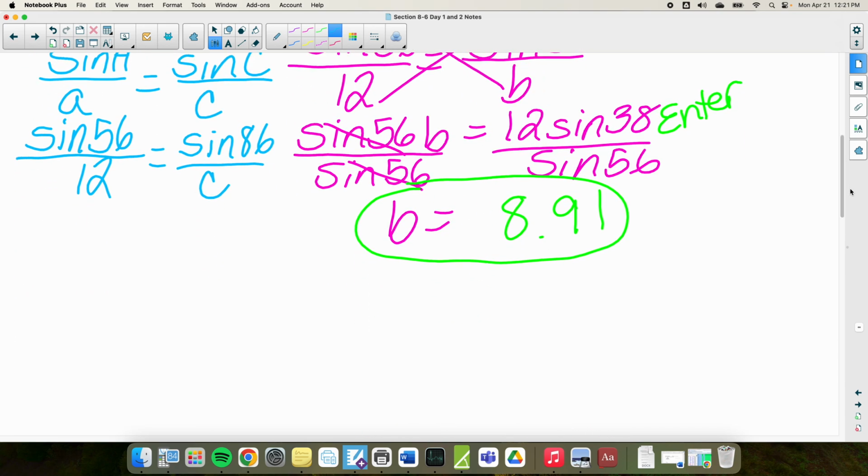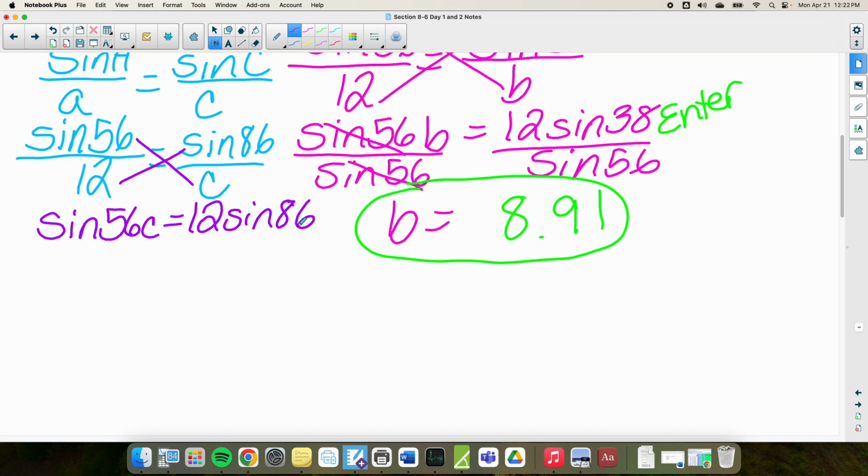So now what we're gonna do again is cross products. So we're gonna go sine 56c equals 12 sine of 86. This is sine 56 times c, so we're gonna divide by sine 56.